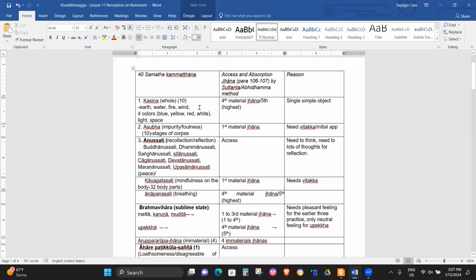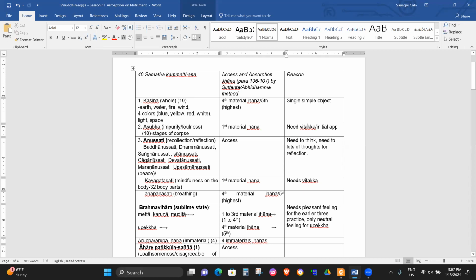Kasina, we finished already, which leads to 4 material jhana or 5th material jhana. Asubha, we already showed you some video, and most of you don't like it because you have to see the stages of corpse. And this one only can get first jhana because you need vitaka and vichara. Buddhanusati, contemplate on the Buddha, Dhamma, Sangha. Sila is your morality.